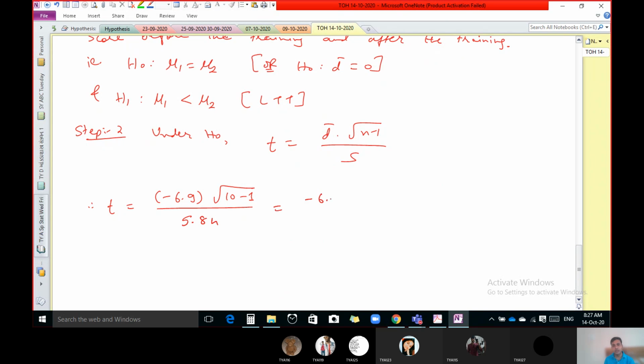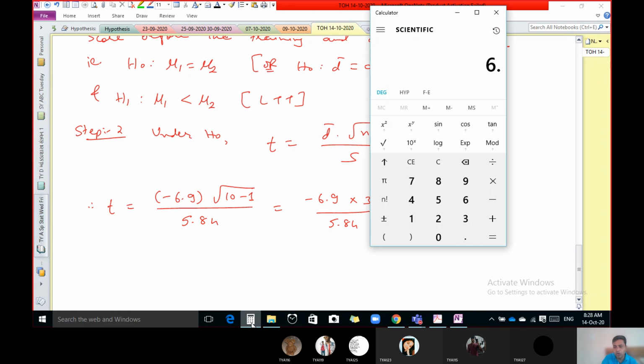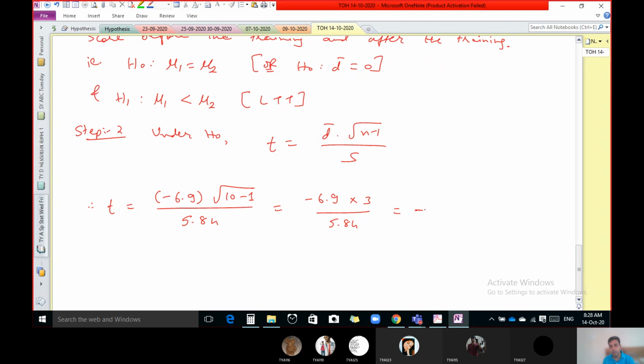So we get minus 6.9 into, obviously 10 minus 1 is 9 and its root is 3, upon 5.84. Let us do this calculation: 6.9 into 3 divided by 5.84. So minus 3.54.